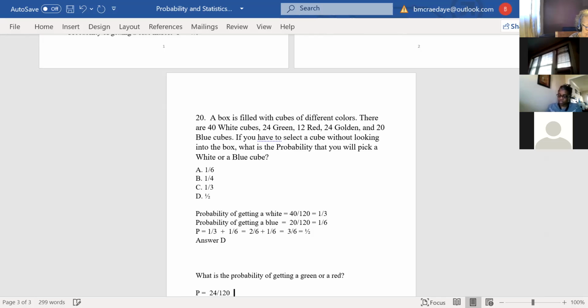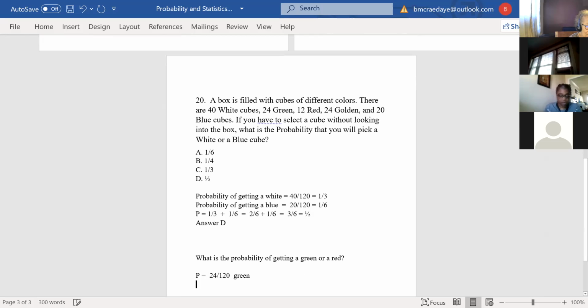You could add them together and divide by 120 and get the same thing. You could add the 24 plus the 12, which is 36, and 36 over 120. Or you could do them separately. In other words, green and red is 24 plus 12 is 36, and 36 over 120 gives you the same answer. The red is 12 over 120.